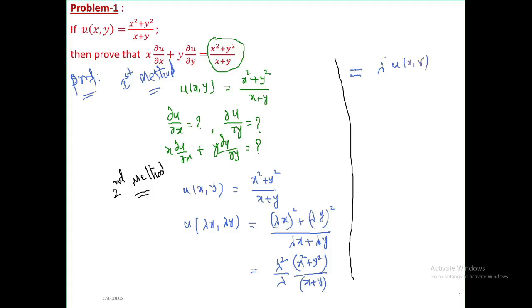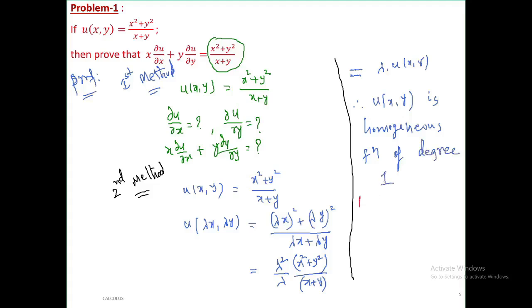Nothing is there, means power is 1. So therefore u of x comma y is a homogeneous function of degree 1.